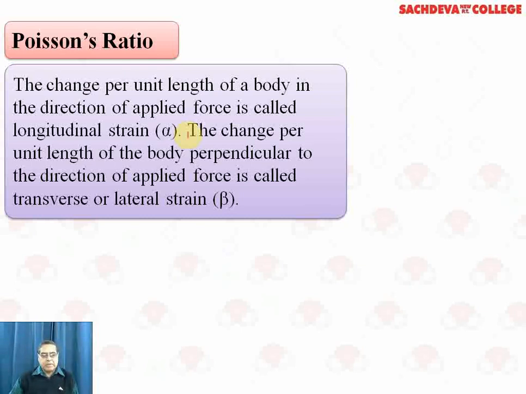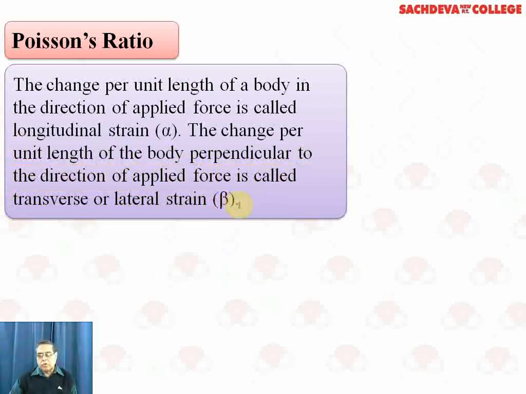So if force is applied from left to right, longitudinal strain will be from left to right, and it is designated by alpha. So again, the main concept: the change per unit length of the body in the direction of applied force is called the longitudinal strain, that is alpha. The change per unit length of the body perpendicular to the direction of applied force is called transverse or lateral strain, that is beta.